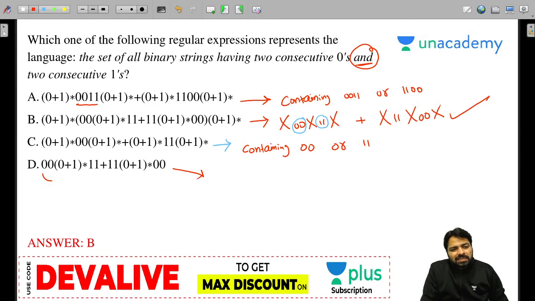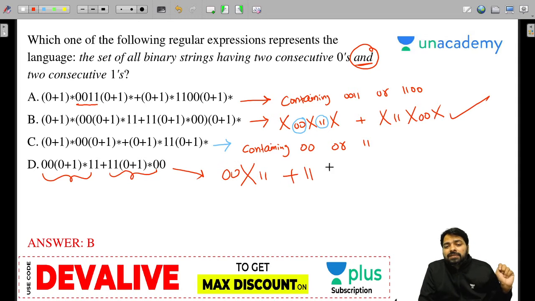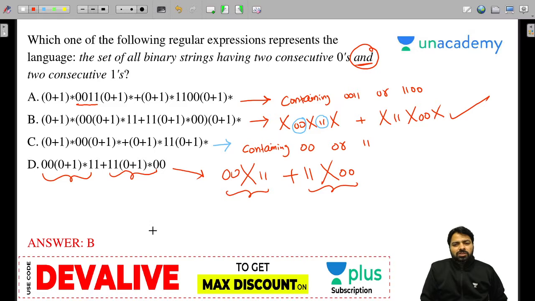This starts with 00 and ends with 11, like 00, 11, or starts with 11 and ends with 00. So it is a start and end problem. Everyone? Yeah. So the answer is B.